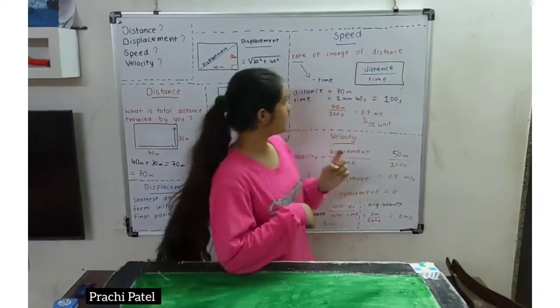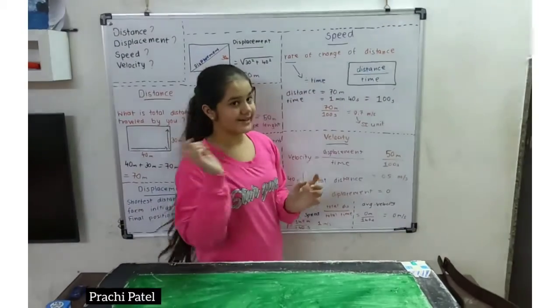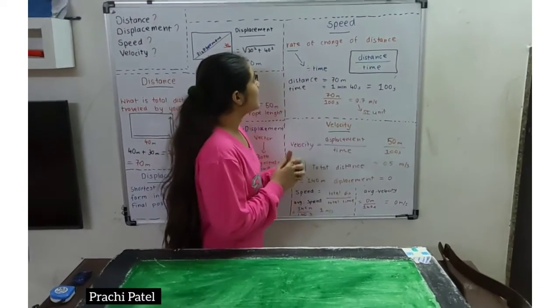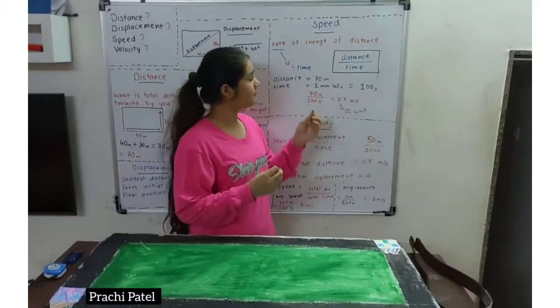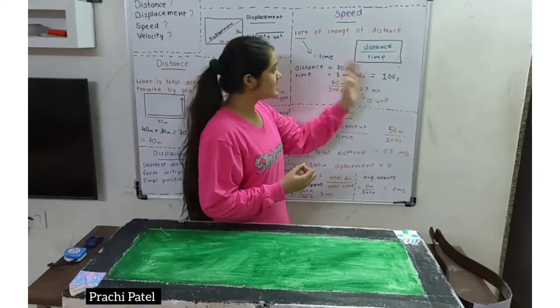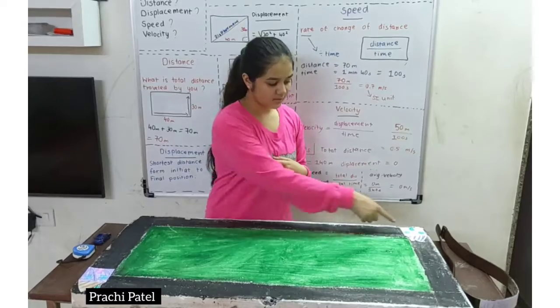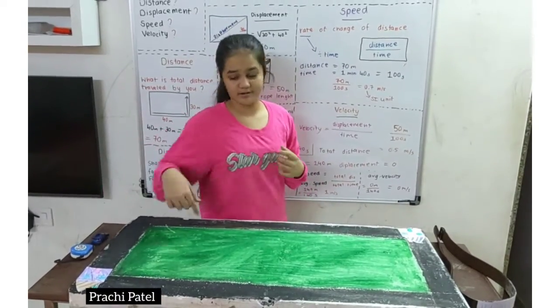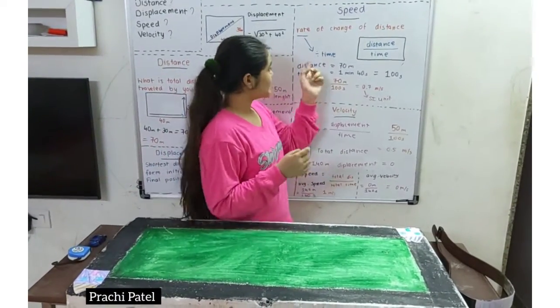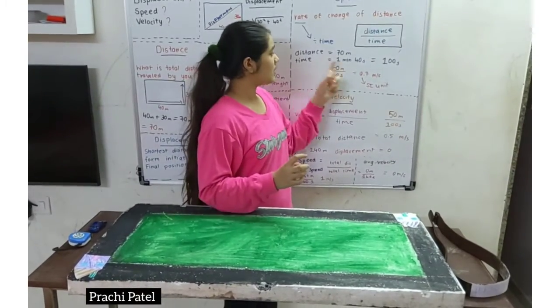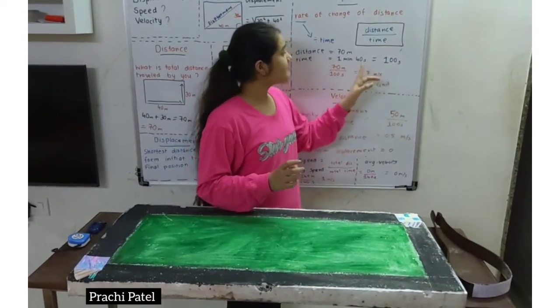Now let's go to the next topic, which is speed. Rate of change of distance. The formula for finding the speed is distance divided by time. Our distance is 70 meters, which we travel from here to reach our friend's house. And the time we took is already given, which is 1 minute 40 seconds.